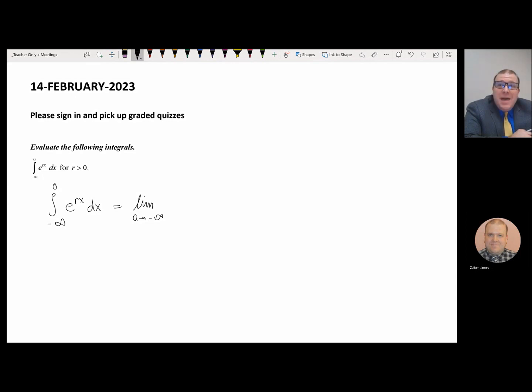But yes, it will matter when we deal with the second type of improper. Then instead of negative infinity to 0, it's a to 0. So again, I use a or b depending on whether it's the upper limit or the lower limit. B for the upper, a for the lower. Doesn't matter, you can use whatever you want.